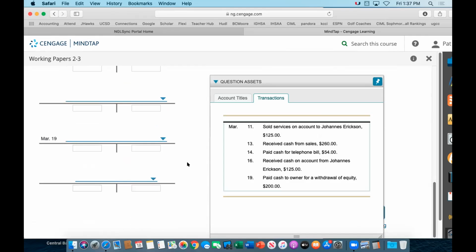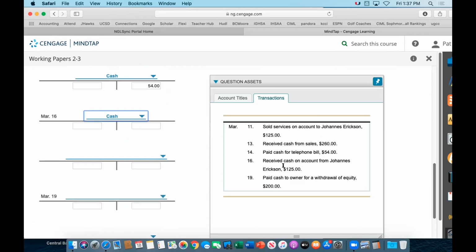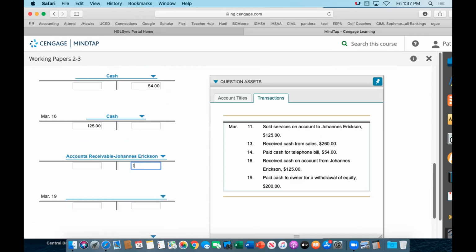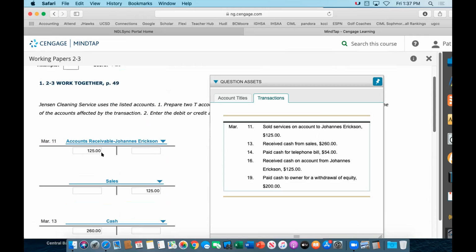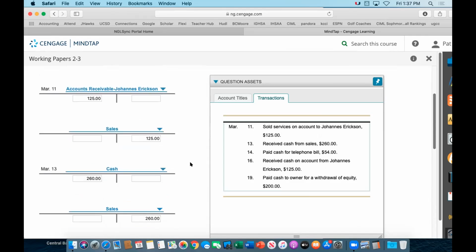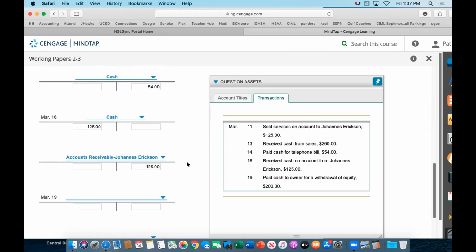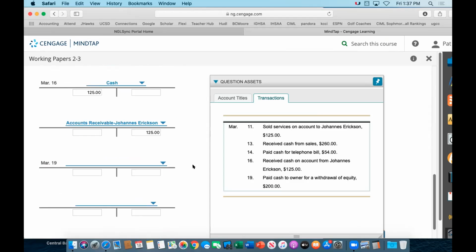Well, now is later. On the 16th, they're paying us $125. They're paying their bill off, right? So up here, we charged them $125. We're going to receive it later, on the 11th. We bill them, they get the bill, they pay us. Cool?